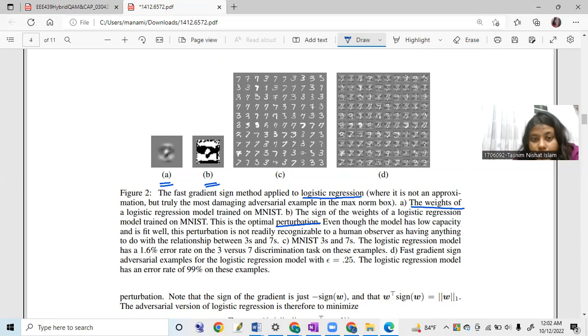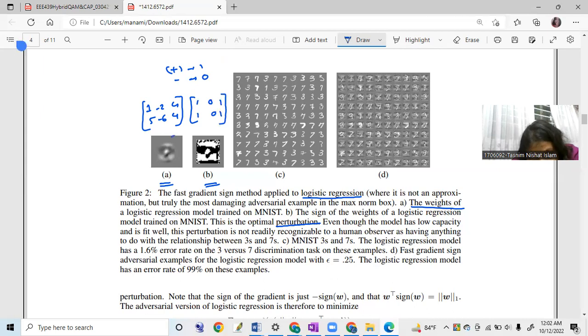It had some base of numbers, say 1, 2, 4, 5, 6, -2, -6, 4, and if we take the sign, let's say plus will be 1 and minus will be 0. So it's just this matrix. And then low capacity perturbation. Perturbation is just a trade-off between system performance improvement and user optimality loss due to perturbation.